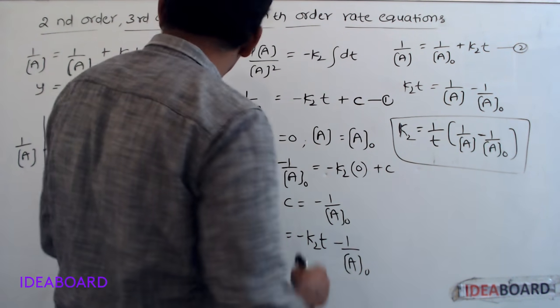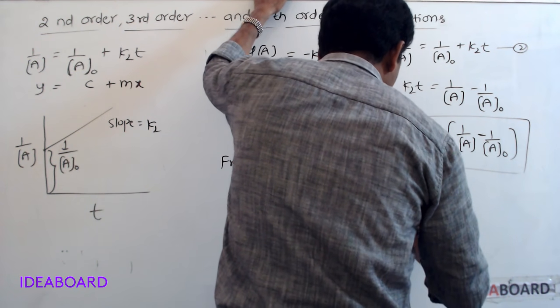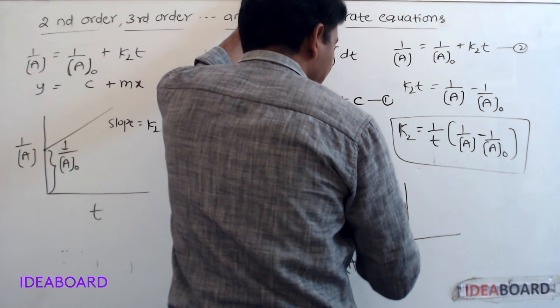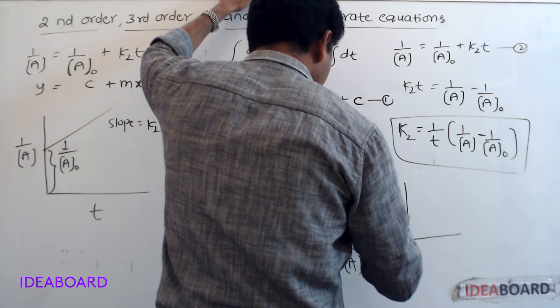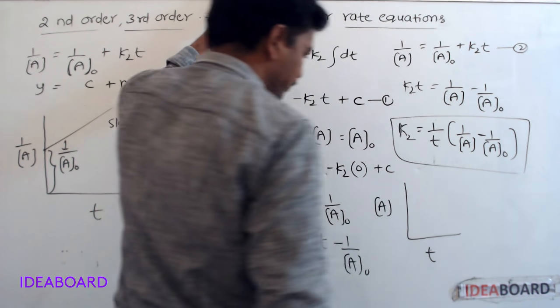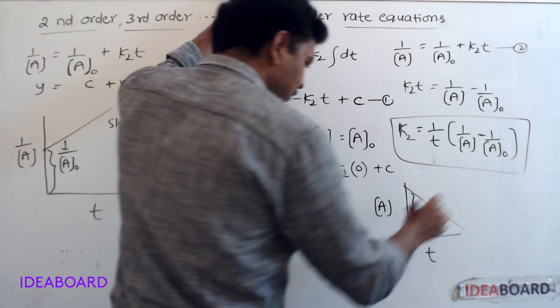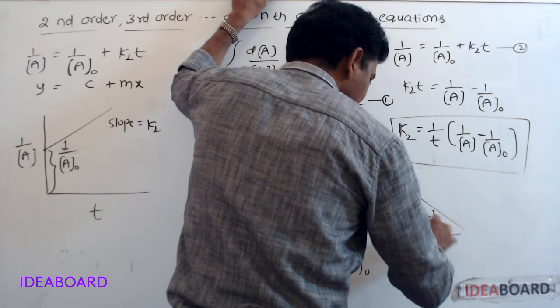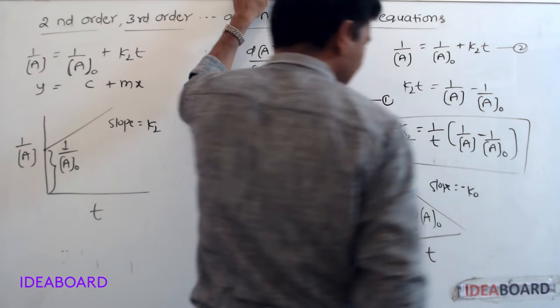In zero order reactions and first order reactions, we got these graphs. If we take a zero order reaction, when a graph is plotted between concentration and time, we'll get this one. Here the y intercept gives the initial concentration. Slope is equal to minus k naught.